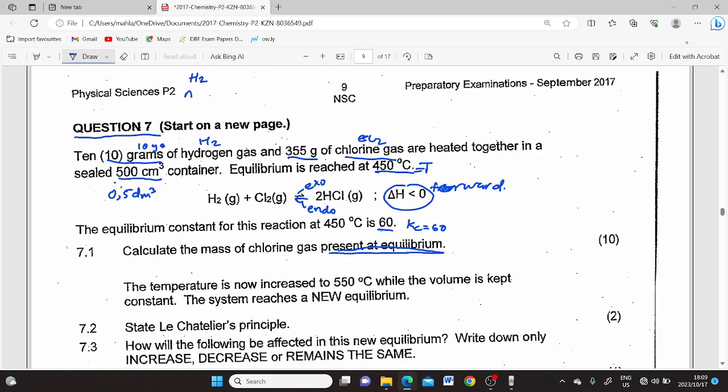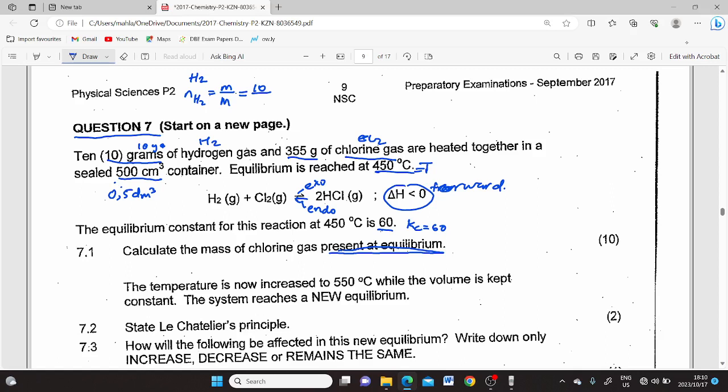the number of moles of H2 equals the mass over the molar mass. So what is the mass? We're saying 10 grams over the molar mass of hydrogen. Of course, it will be hydrogen times 2.